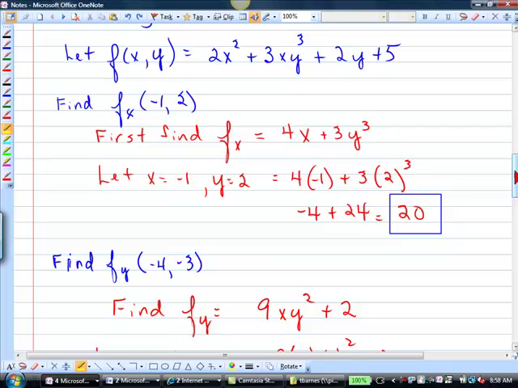Where are the two places that you get 0? 2x squared and 5. So those two are gone.